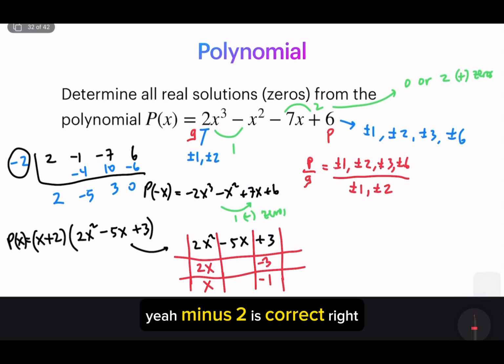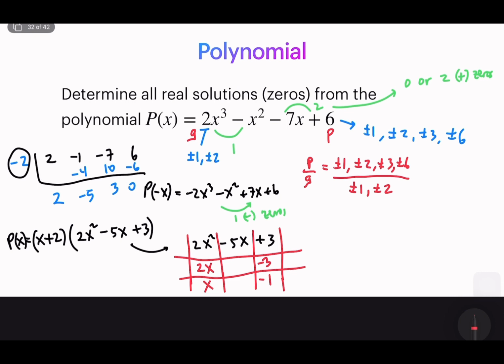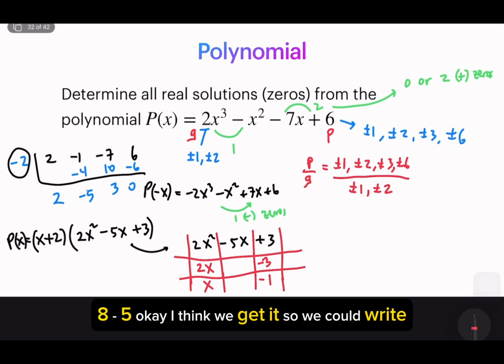Yeah, negative 2 is correct, right? Negative 2, negative 3 is negative 5. Okay, I think we get it.